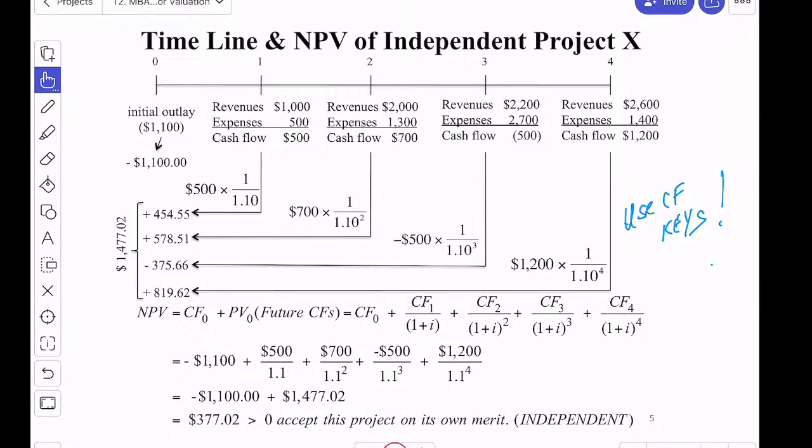So the amounts are 1,100, 500, 700, negative 500, and 1,200. So I'm going to go to my calculator now.